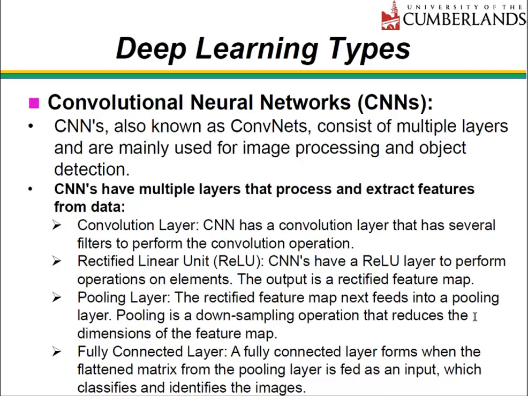We also have pooling layers. The rectified feature map will feed into the pooling layer. Pooling is a downsampling operation that reduces the dimensions of the feature map. Typically, max pooling takes the maximum value from a small region, discarding other values.